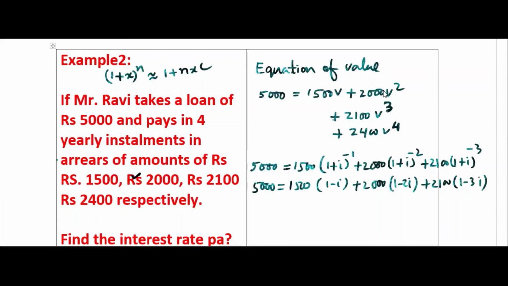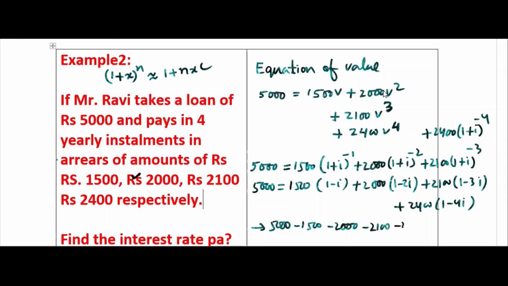Then the fourth one is 2400 1 plus I power minus 4. This will be 2400, 1 minus 4i. I need to bring all the payments here. 5000. You multiply this, minus 1500 I will bring here, minus 2000 I will bring here, okay, minus 2100 I will bring here, minus 2400 I will bring here.